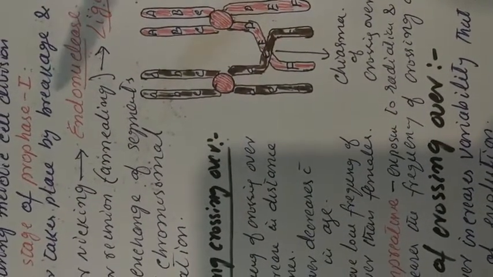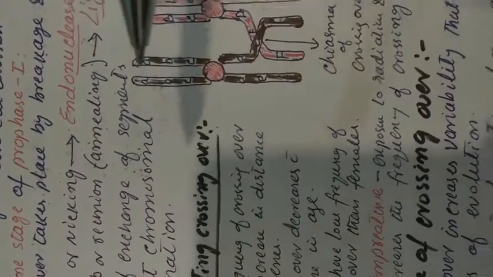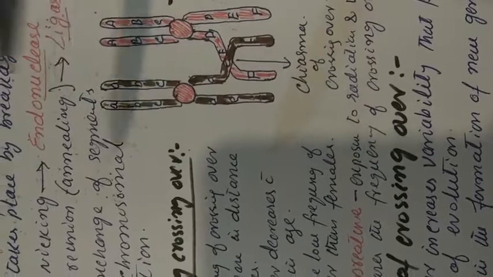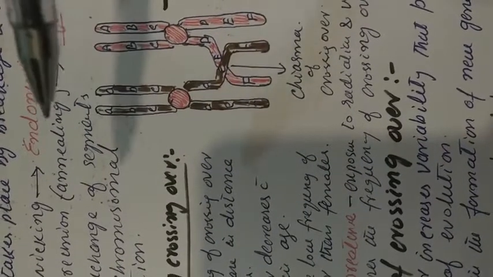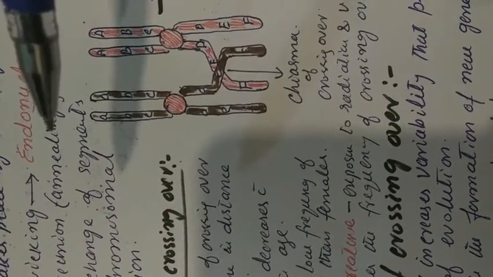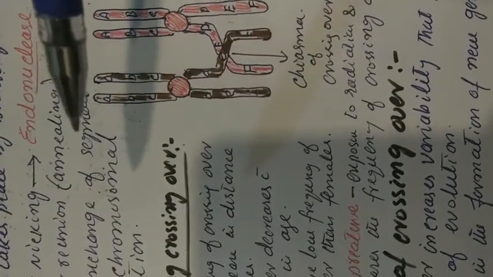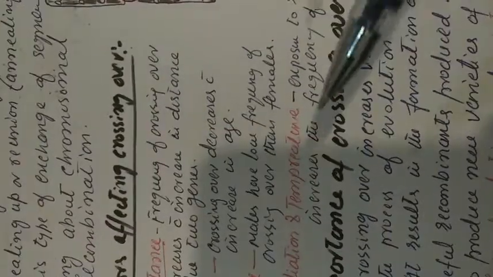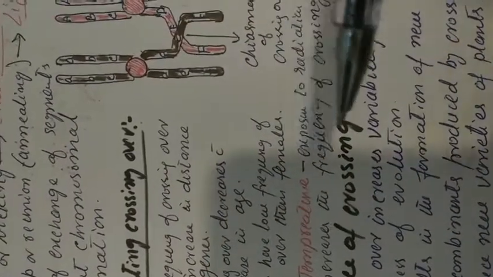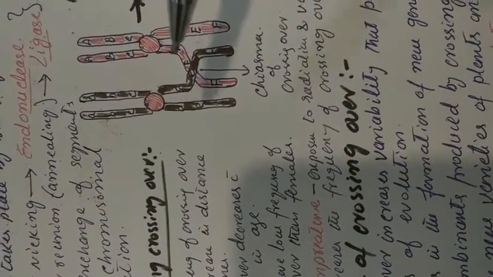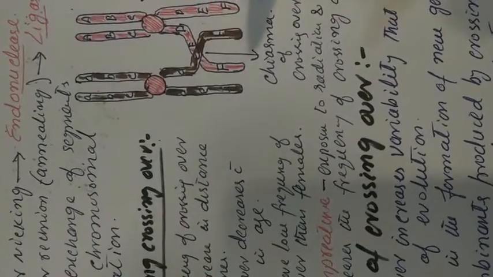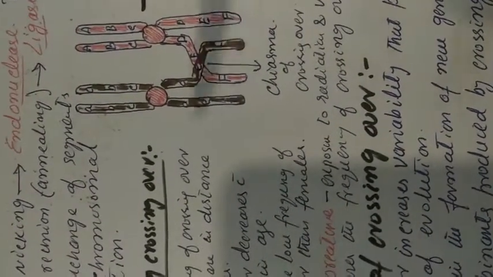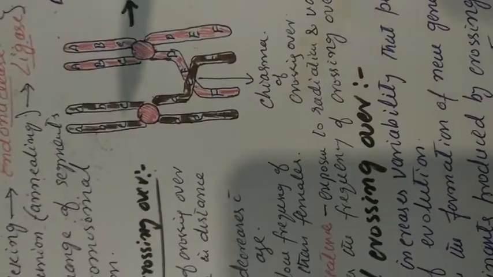Now we will lastly discuss the importance of crossing over. The crossing over has many significances, but some of the most important are: number one, crossing over increases variability, and this variability actually plays an important role in the process of evolution.